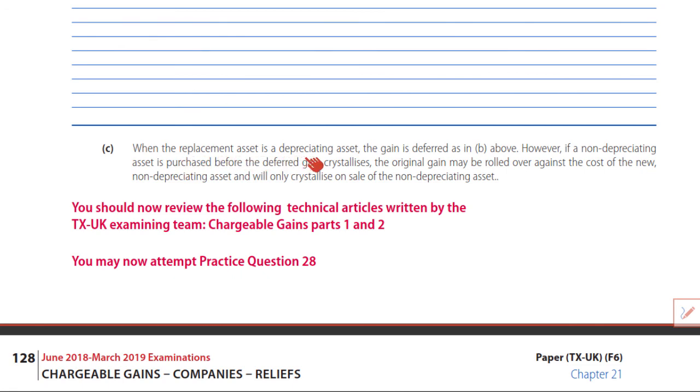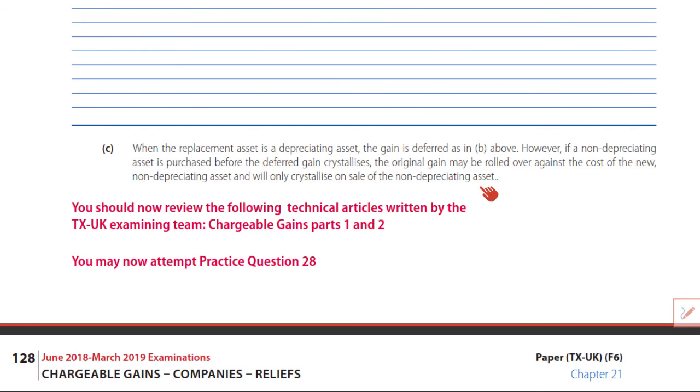When the replacement asset is a depreciating asset, the gain is deferred. However, if a non-depreciating asset, a freehold property, is purchased before that deferred gain crystallises, the original gain, that which was only held over, may now be rolled over against the cost of the new non-depreciating asset, the new freehold that you have acquired.